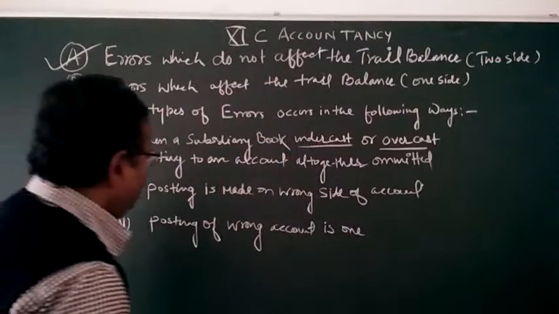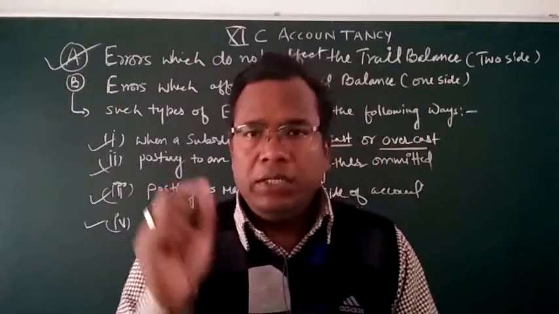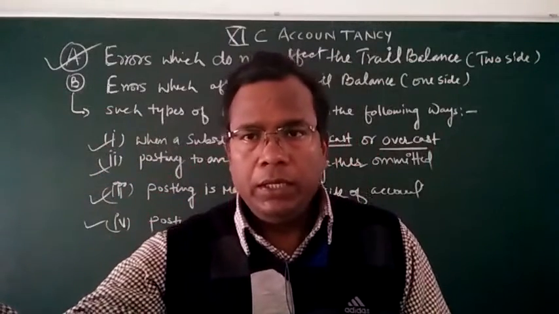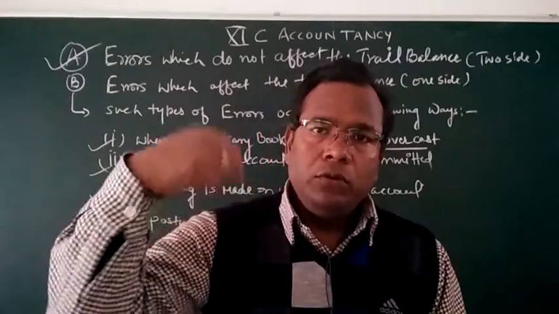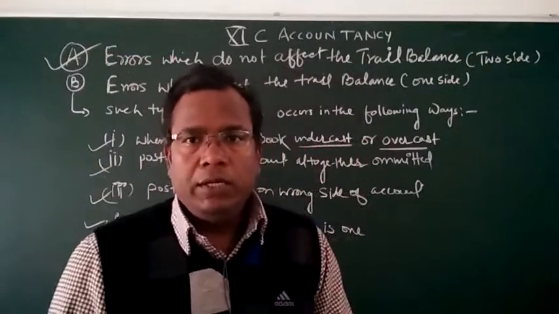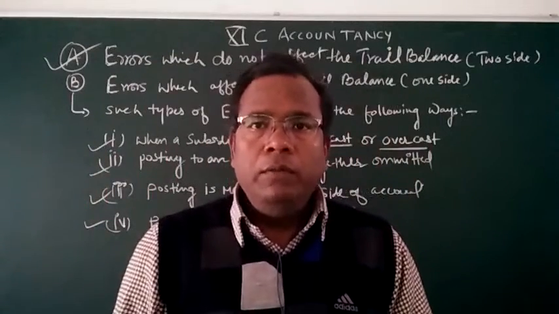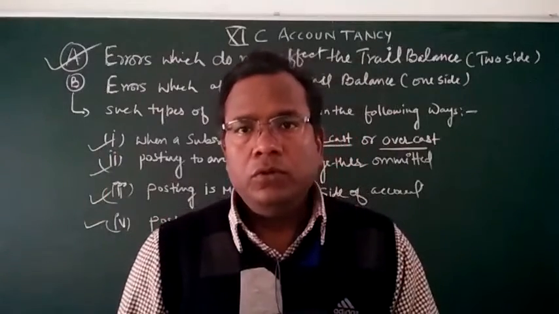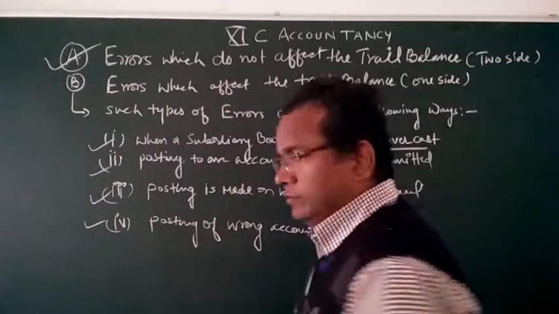Fourth one is the posting of the wrong account is one. जब हमें पोस्ट करना था, हमें परचेज बुक की जगह पे पोस्ट अगर कर दिया जाए, हम लोग कहाँ पे कर दें, सेल्स बुक में कर दें, या फिर परचेज रिटर्न बुक में. सपोज करो we just receive the sales return in our stock, but the amount should be posted in the sales return book, we posted that figure in the purchase return book. So this is called the posting of the wrong account is done.